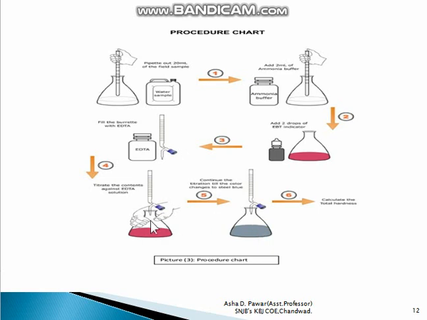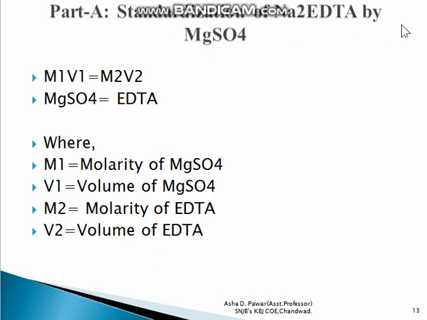From the burette reading in part A, we calculate the molarity of MgSO4 or ZnSO4 by using the formula M1V1 = M2V2. That is, M1 is the molarity of magnesium sulfate, V1 is the volume of magnesium sulfate taken for the titration, M2 is the molarity of EDTA, and V2 is the volume of EDTA.